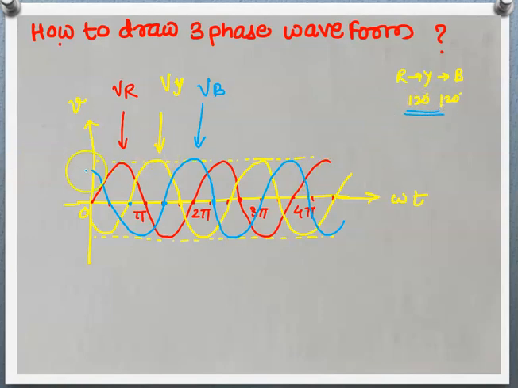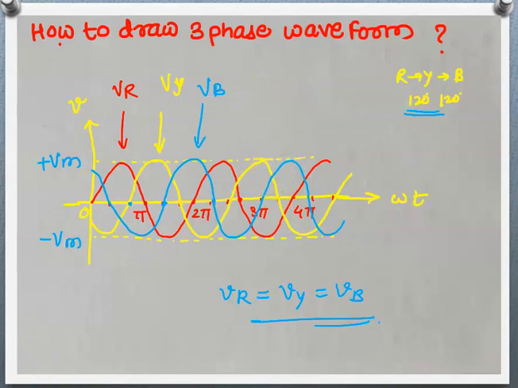And observe here, all have the same positive maximum value Vm and also the same negative maximum value. That means all the induced EMFs Vr equals Vy equals Vb, all are equal in magnitude. Okay, in this way we can plot the 3-phase waveform very easily.